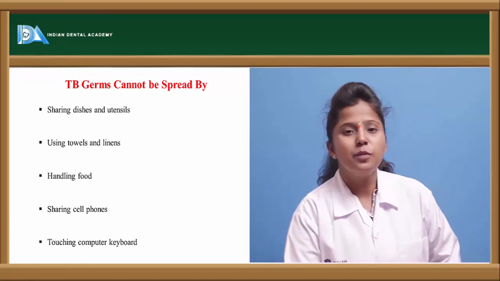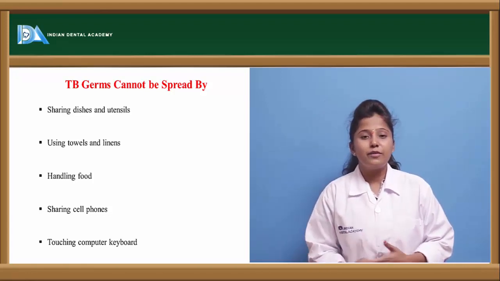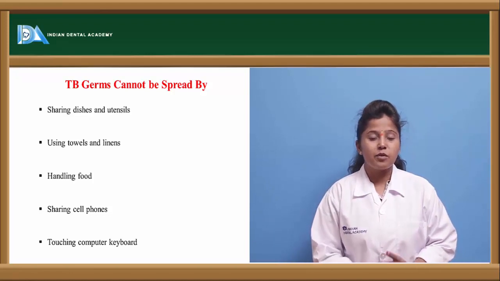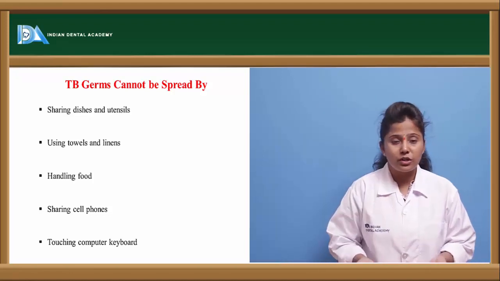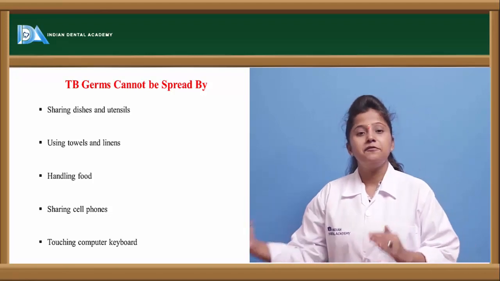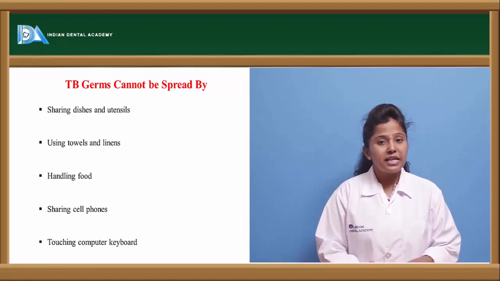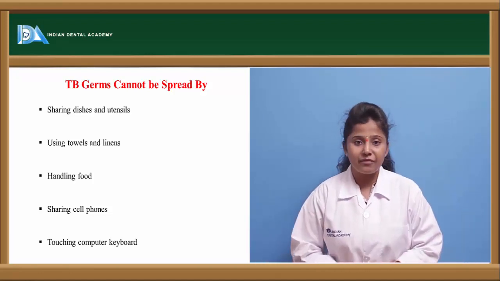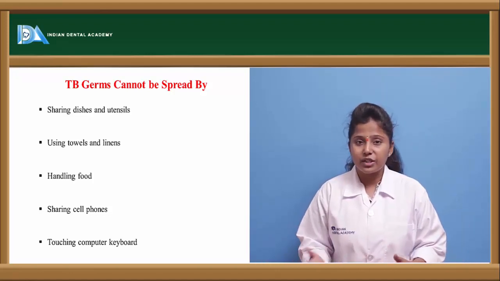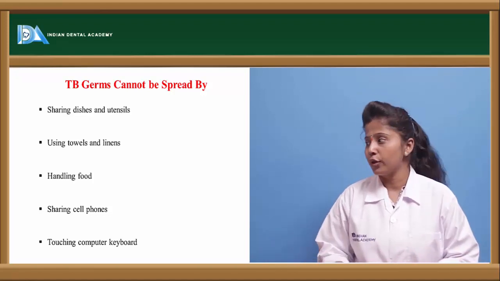Tuberculosis is a communicable disease, but it cannot be spread even by a hand touch from a single person. The mode of transmission is only through air droplets. If we share dishes or use the utensils used by the infected person, we won't get tuberculosis. The bacteria cannot be spread in this way.